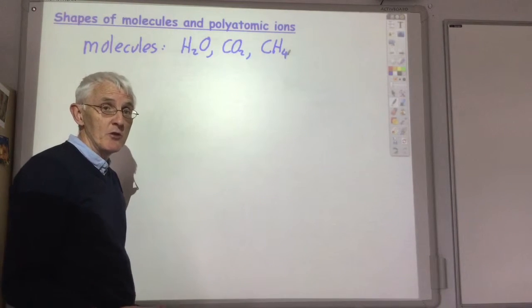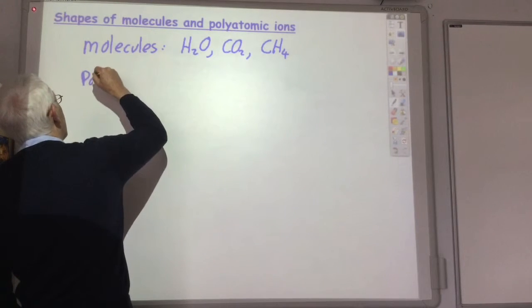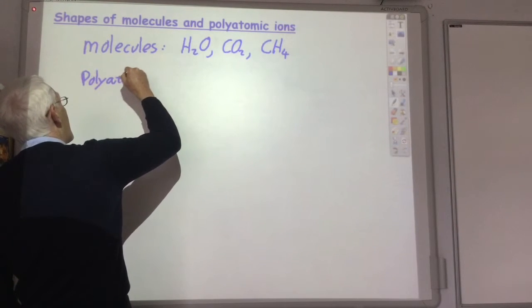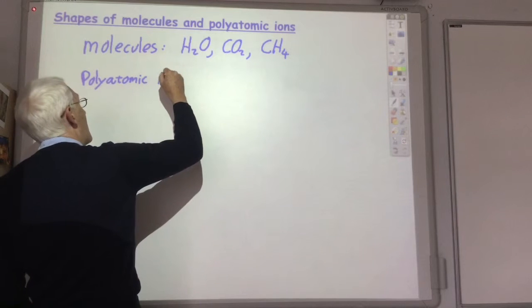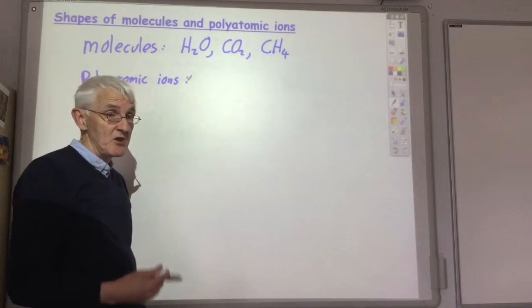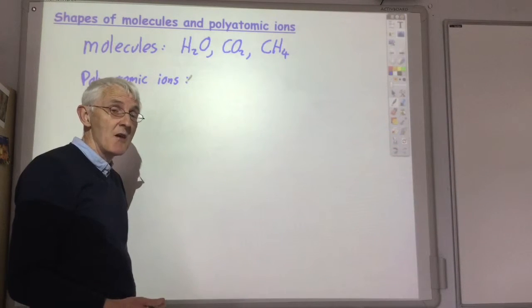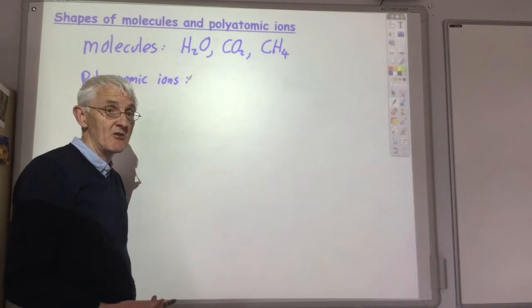Overall, they are neutral. Polyatomic ions, on the other hand, are similar in as much as they're groups of atoms joined together with covalent bonds, but overall the species has a charge.